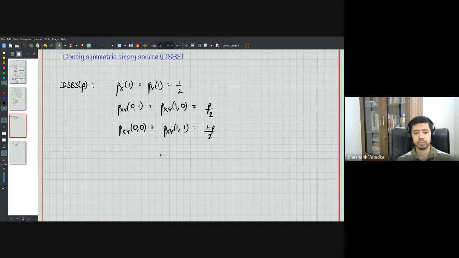So the probability that X_i equals Y_i is 1 minus p over 2, and the probability that X_i is different from Y_i is p over 2. Okay, so this is the doubly symmetric binary source with parameter p, for some p between 0 and 1.